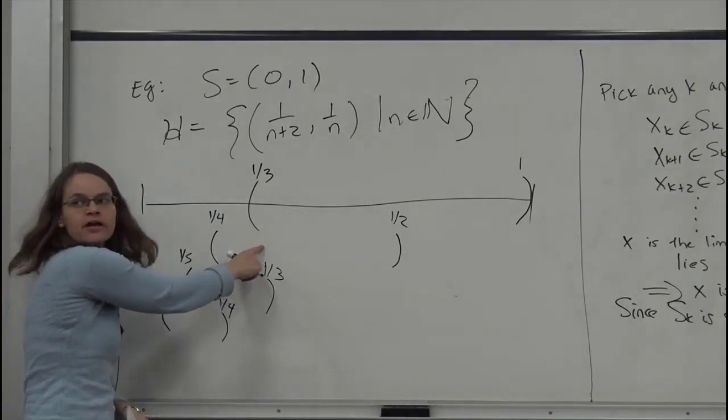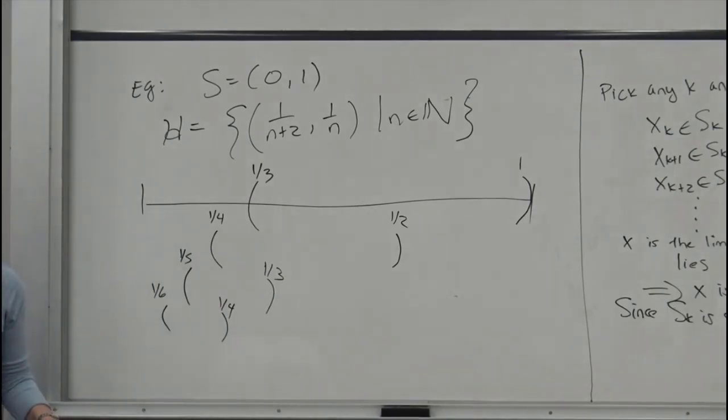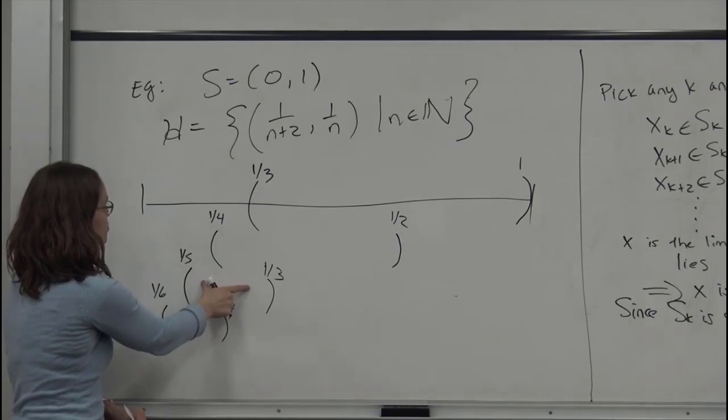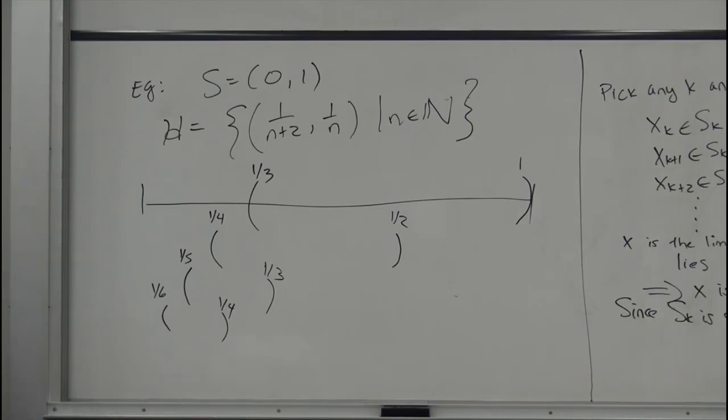This is the only interval that contains the point 1/3. If I pull out this set, I've lost the point 1/3. If I pull out this set here, well, I've lost the point 1/4, which is an endpoint of 2 other intervals, but it's not contained in them. So it turns out if I remove any one of these sets, I don't have an open cover anymore. I really need all of the infinitely many of these.